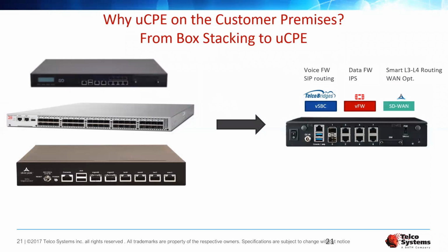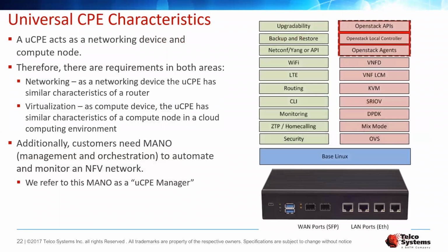Single set of cables, single power, single physical maintenance, and that's it. So that's the whole idea about virtualization, and in particular about using uCPE. So go to the next one.